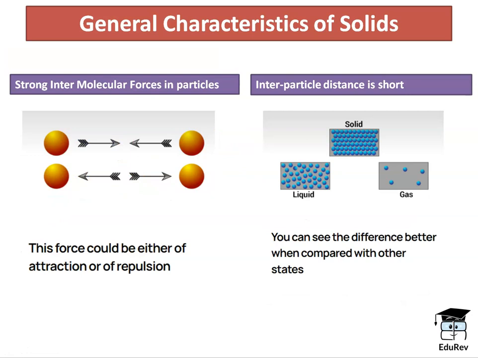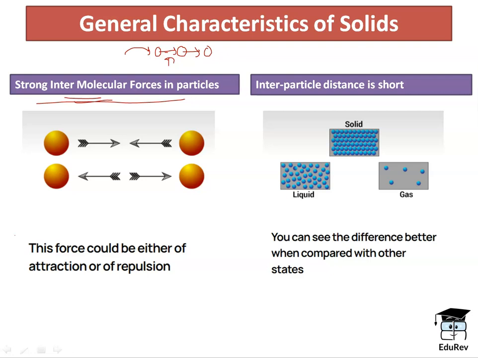Now coming on to the next characteristic, which is that strong intermolecular forces between particles are there. When we were discussing the structure of solid, I told you that these blue particles were the particles constituting the solid, but the brown rods were not rods or bonds, they were intermolecular forces.